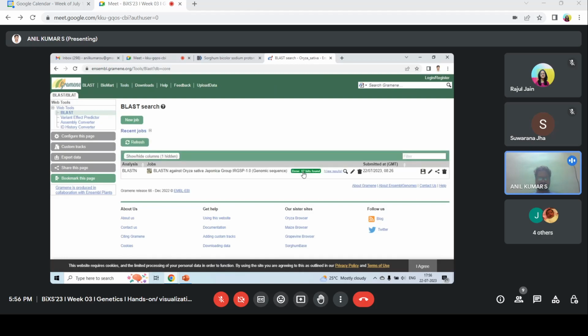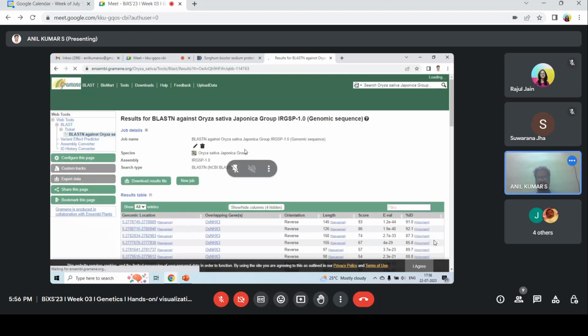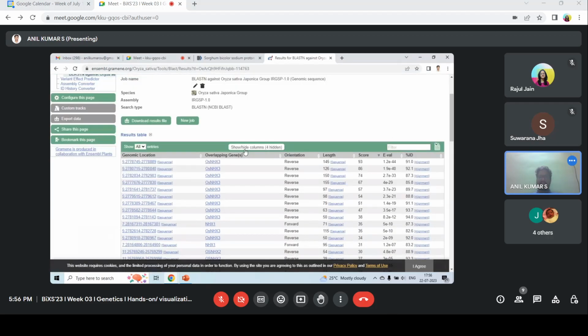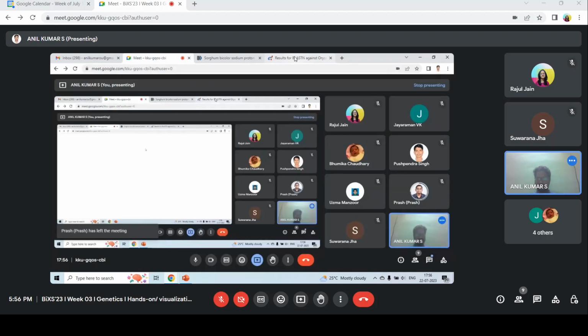Once the result has come, it will be shown as view results, in green color. It has found 57 hits for the sequence you have submitted. Just click on view results. If you see this, I hope everyone can see the page, right?